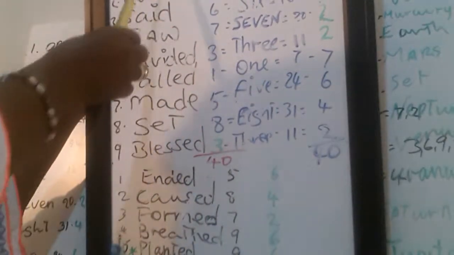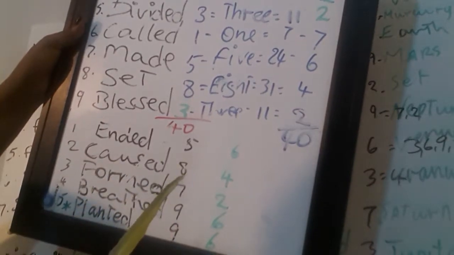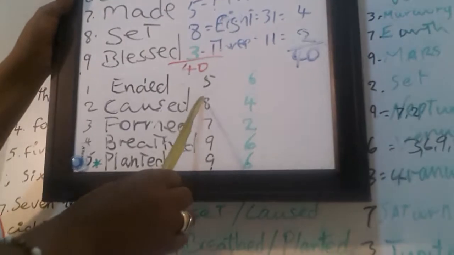So as I said, this is really going back with the 9 gods, but the 5 gods of Genesis, chapter 2, were the formed God, the caused God.